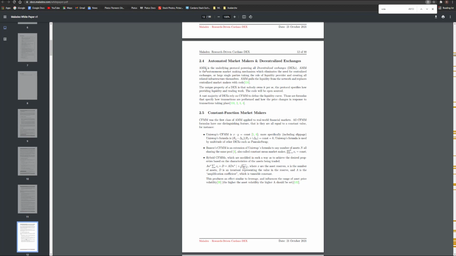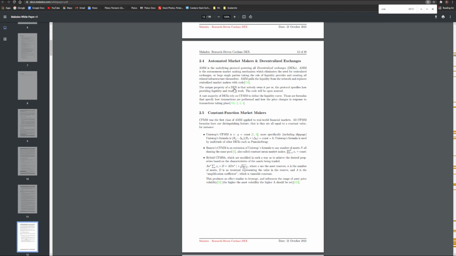So as it says here, AMM, the automated market maker, is the underlying protocol powering all decentralized exchanges. AMM is the autonomous market-making mechanism which eliminates the need for centralized exchanges or large single parties taking the role of liquidity provider and creating all related infrastructure themselves. AMM pulls the liquidity from the network and replaces centralized market makers with code.